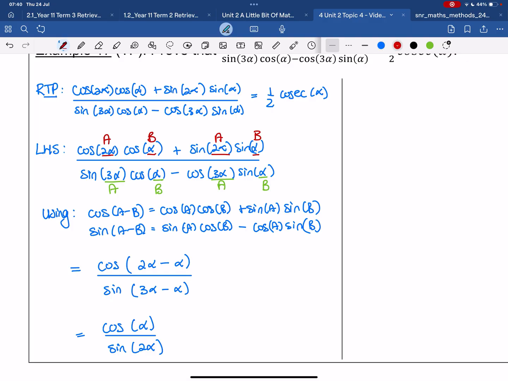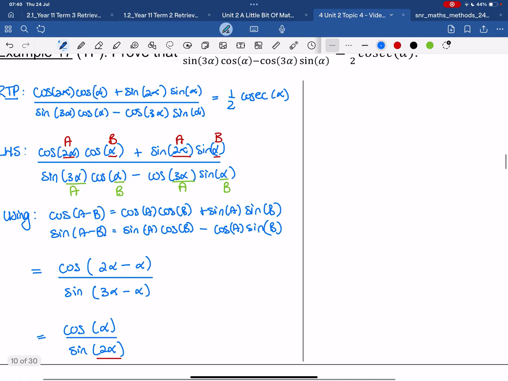And I notice that I have a sine of 2 alpha over here. And I look in my formula sheet and I see there is a formula for sine of 2 alpha.